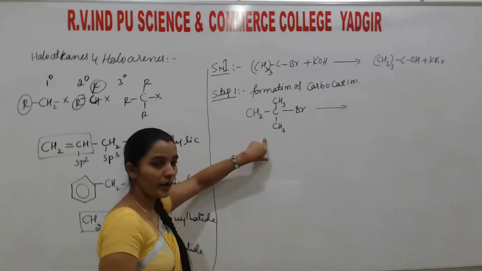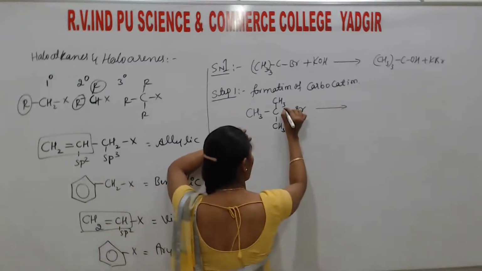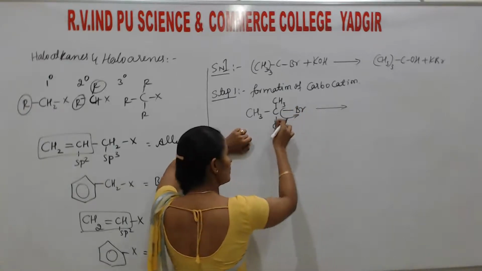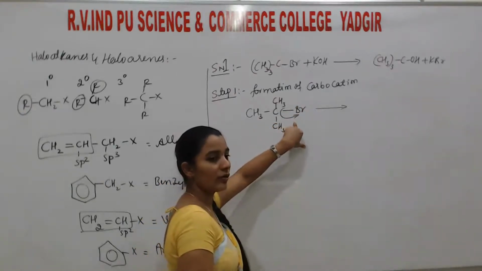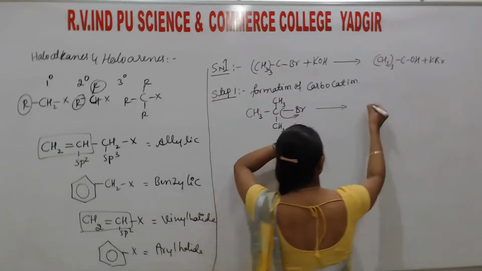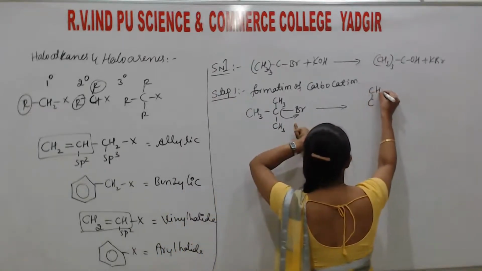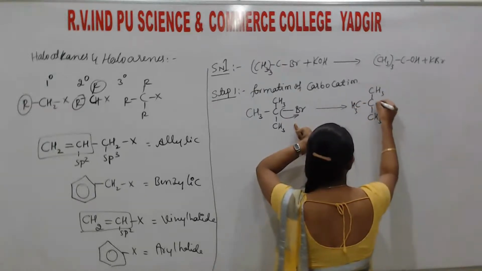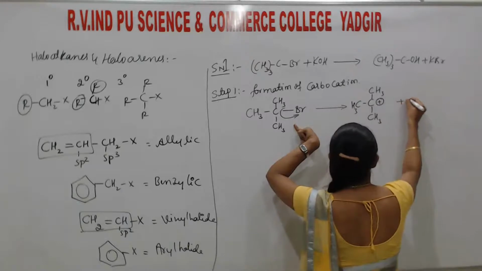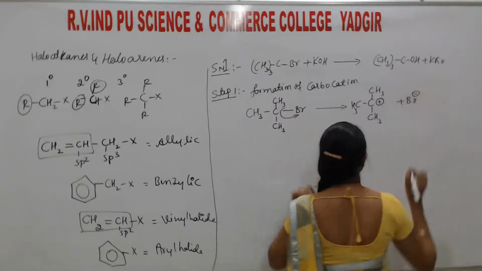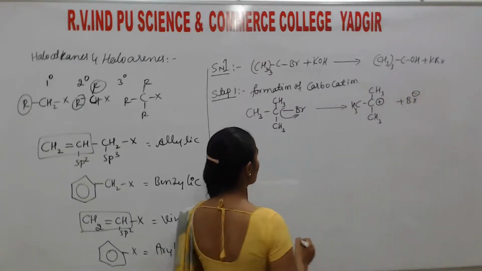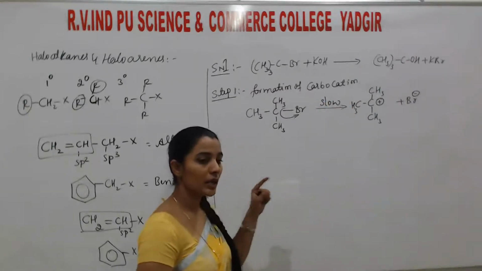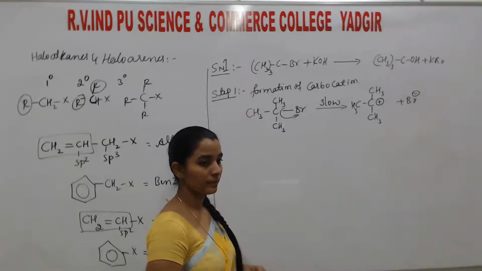What happens here is the breaking of the bond: the electrons move towards bromine. Bromine detaches with the electrons of the carbon, then it forms (CH3)3C plus and Br minus. So students, this step is the slow step and it is the rate determining step.